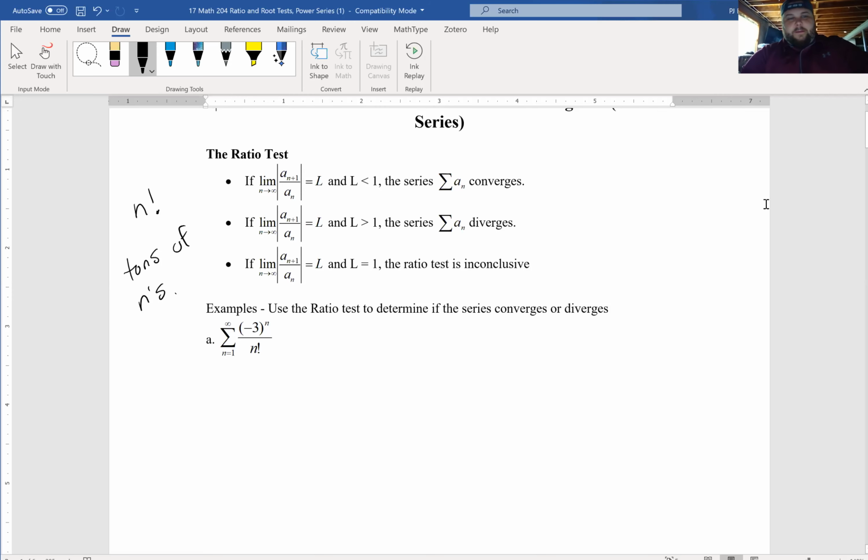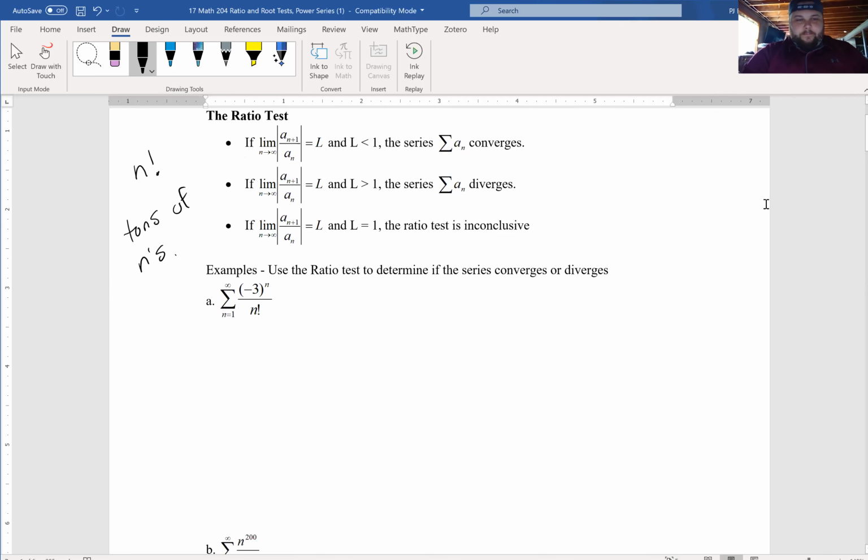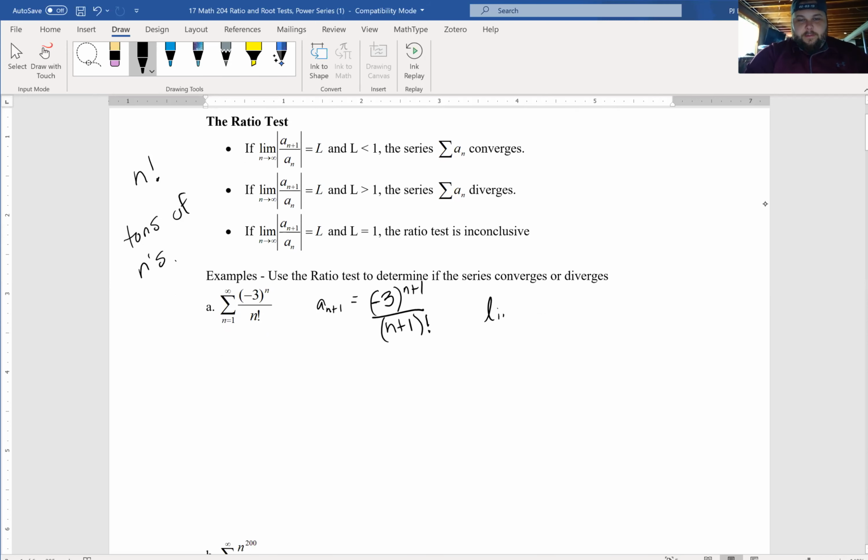All right, so let me go ahead and try this first one here. So this is for a sub n plus 1. I'm going to do -3 to the n plus 1 over n plus 1 all in the factorial. Okay, so we want the limit as n approaches infinity.